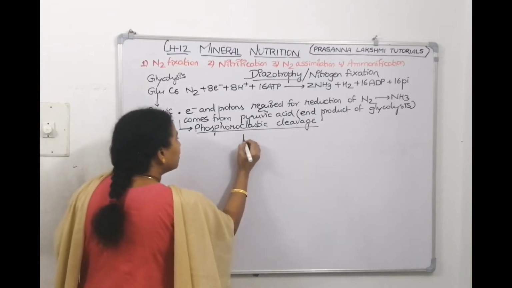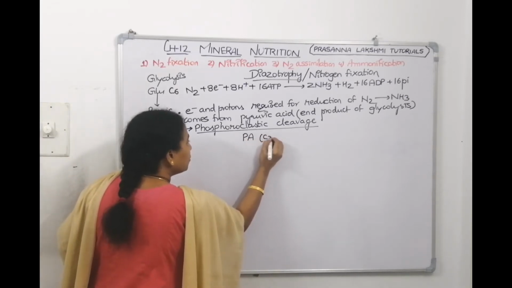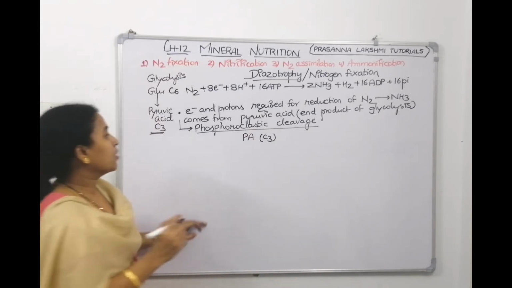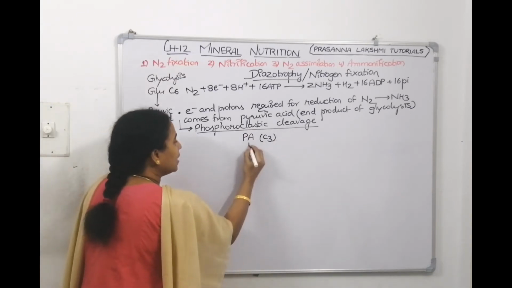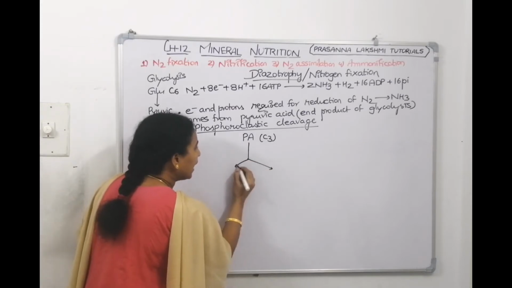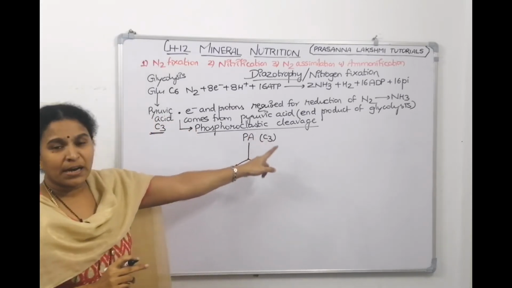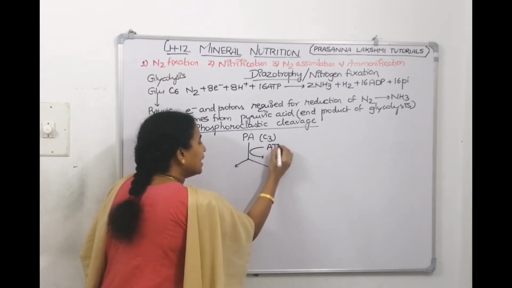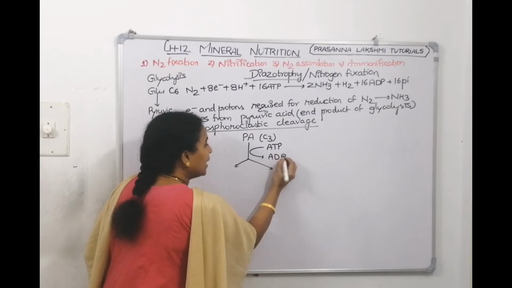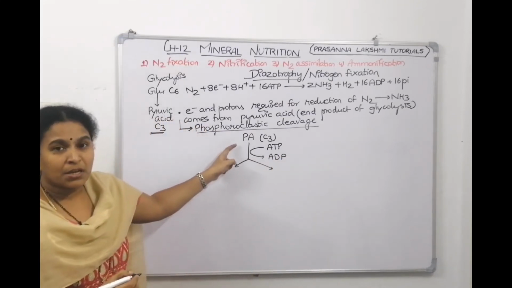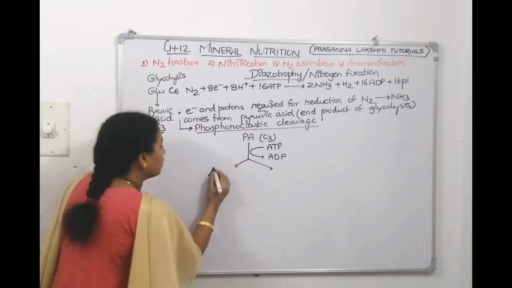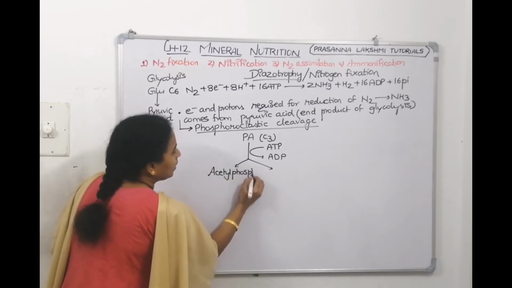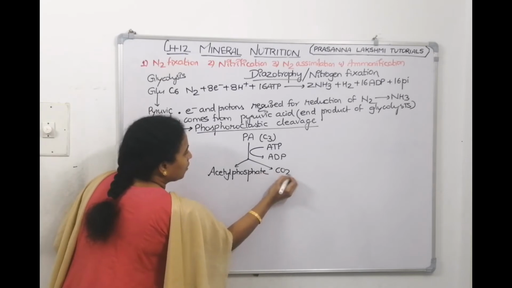The name of the 3-carbon acid is pyruvic acid. Now start with pyruvic acid, which is a 3-carbon compound, when it undergoes phosphoroclastic cleavage in the presence of ATP. ATP gets converted to ADP. Then the 3-carbon compound breaks down to acetyl phosphate and carbon dioxide.